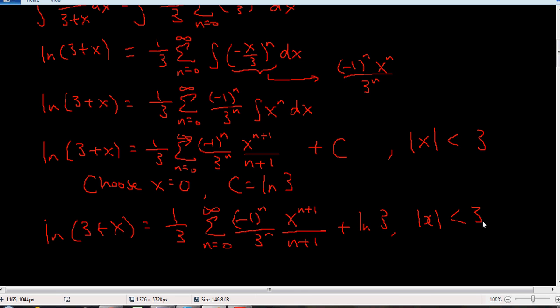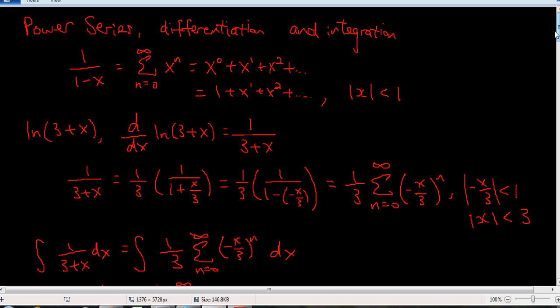All right, so let's just recap what we did. We have ln of 3 plus x. We know that the derivative of ln of 3 plus x is equal to 1 over 3 plus x. And 1 over 3 plus x looks a lot like 1 over 1 minus x. In fact, we can manipulate it so that we can make use of this formula.